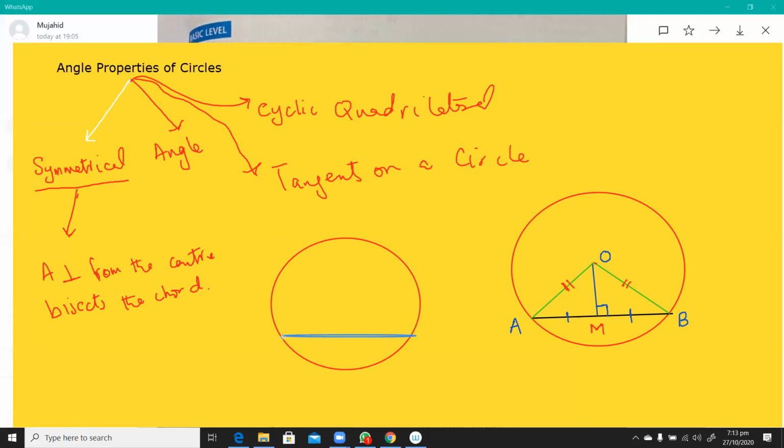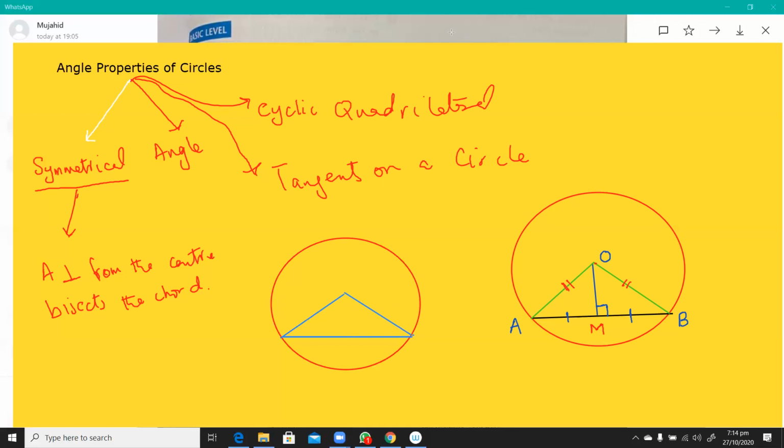It is really very handy to join the lines to the center, and it is really good to have this isosceles triangle inside. Before I go on to the problems, I should tell you the second symmetrical property of the circles.